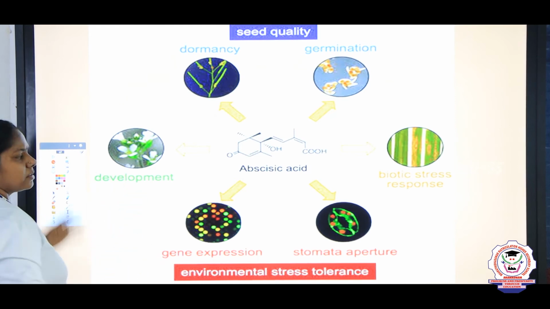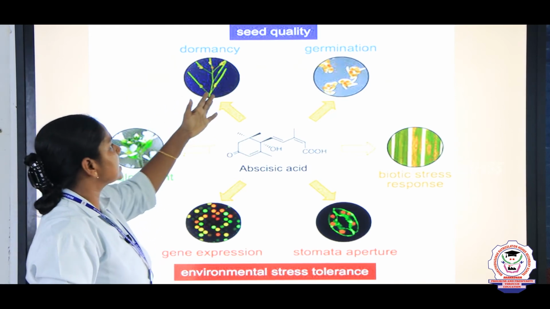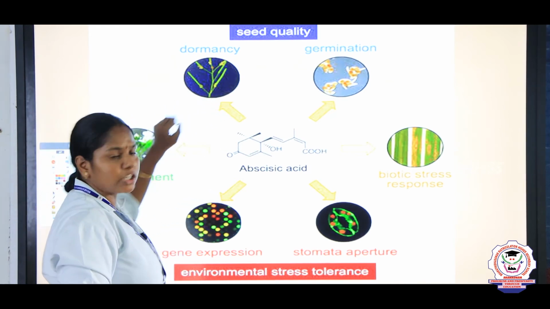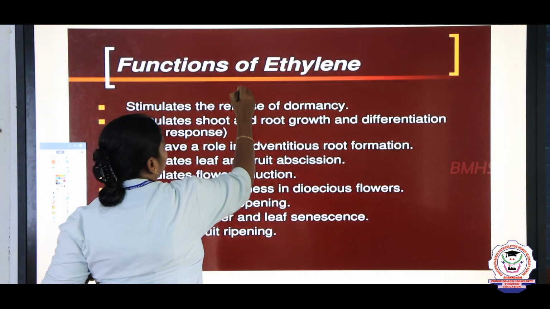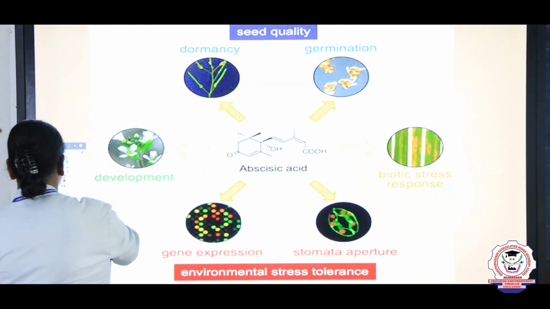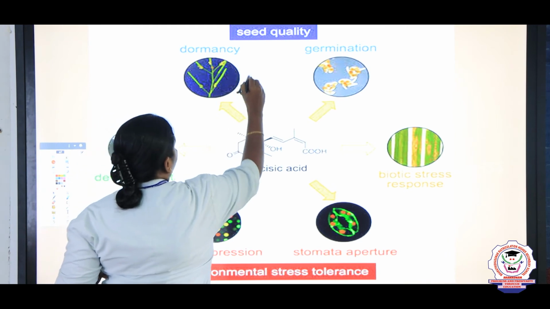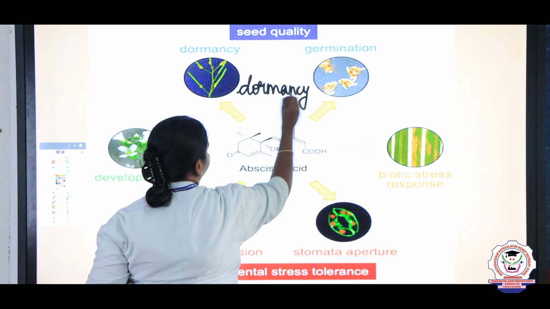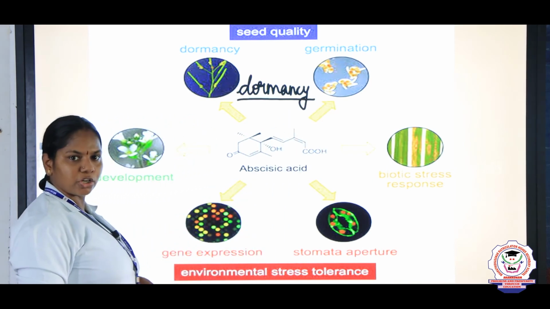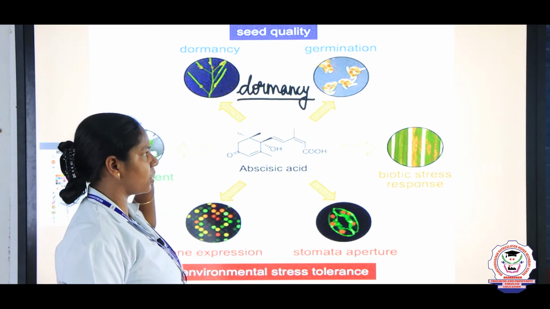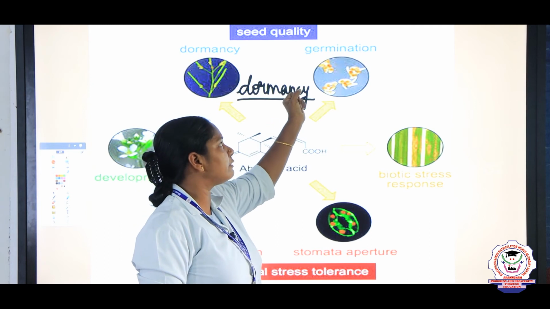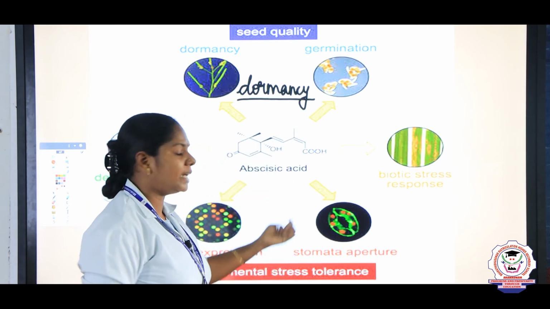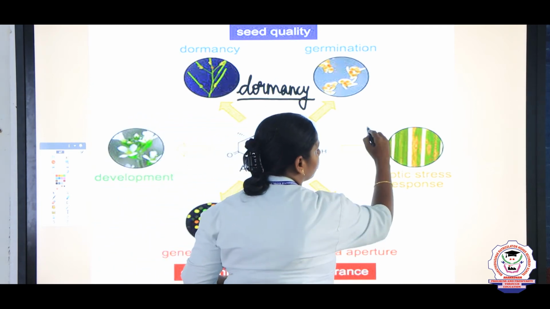And some other important functions: it breaks dormancy. Dormancy means what, children? Dormancy means some seeds remain inactive. That is said to be the dormancy. So it breaks the dormancy, and it is also responsible for germination, and it is a stress tolerance hormone.